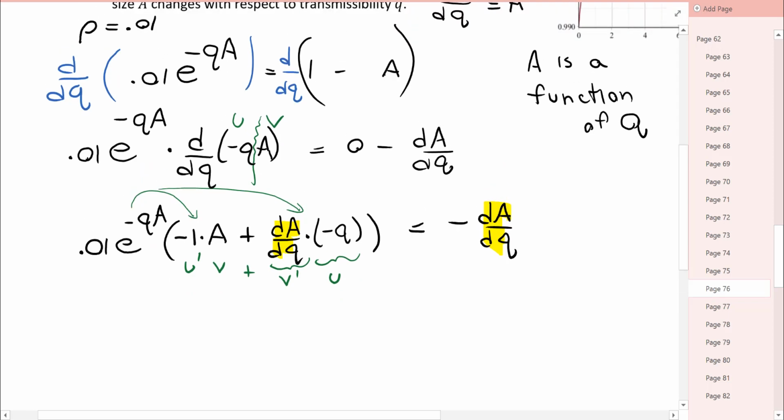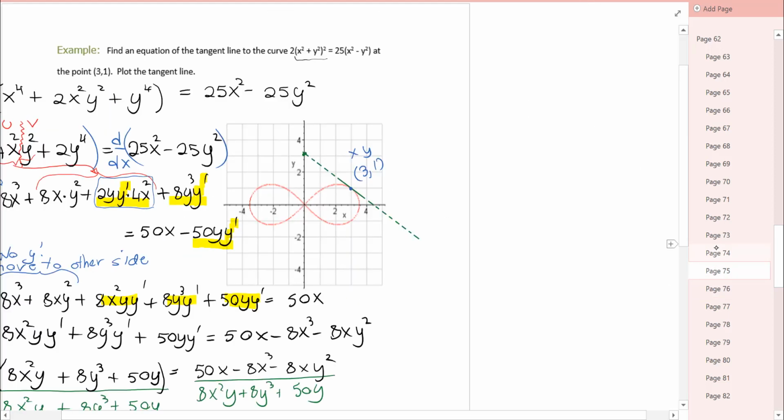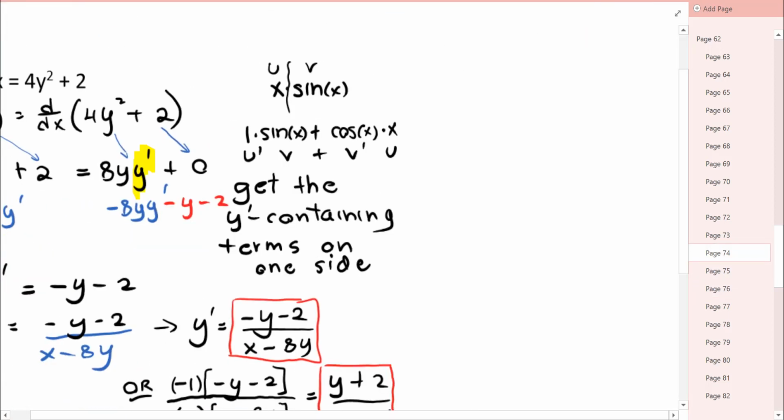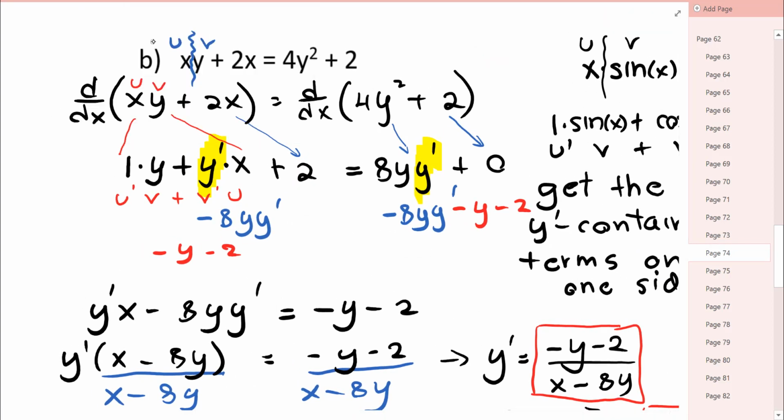How do you get the dA dq from A? Well, it's just a prime. It's the same as, like, remember when we were doing this yesterday? Because remember, we're doing d by dx of x is 1, d by dx of y, we were calling it y prime. Because we're taking the derivative with respect to x. And we're thinking of y as a function of x.